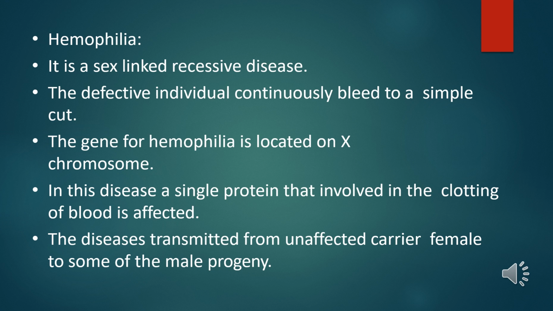Due to this, an affected individual with a single cut will have non-stop bleeding, means clotting of blood doesn't take place. So the heterozygous female for hemophilia may transmit the disease to sons. The probability of a female becoming hemophilic is extremely rare, because the mother of such a female has to be at least a carrier and the father should be hemophilic. So let us see in the next slide how this cross can be.